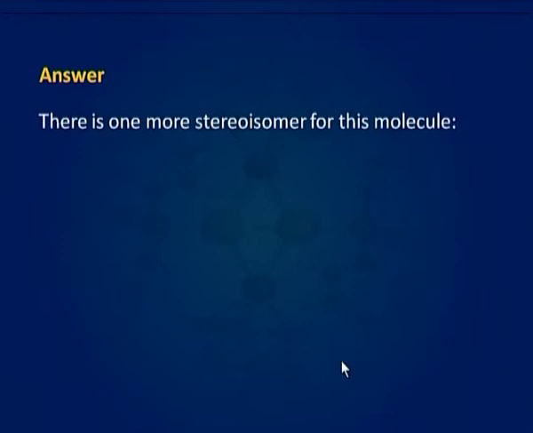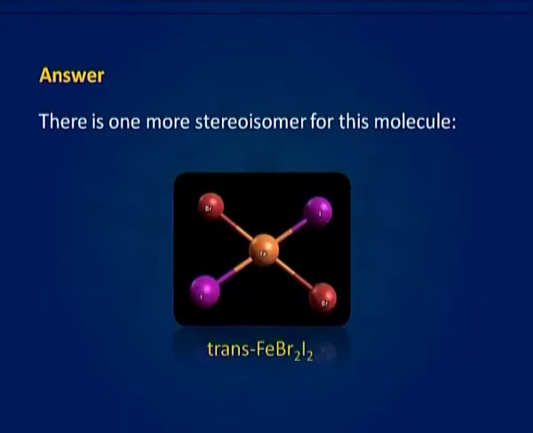There is one more stereoisomer for this molecule, which is trans-FeBr2I2. This isomer is a trans isomer because the two similar ligands, bromines, are on opposite sides and the two similar ligands, iodines, are also on opposite sides.